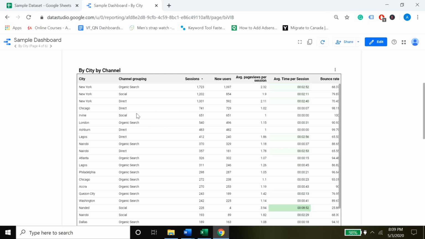This is the same chart I created, but instead of using country, I was using city. Clearly you can see in New York City we got the maximum number of sessions. People were coming in from organic search, social, direct, and all these areas. So these are all the insights that we are looking for.